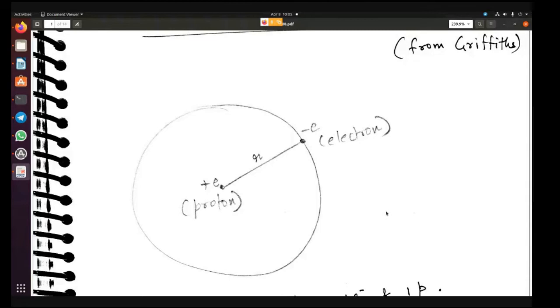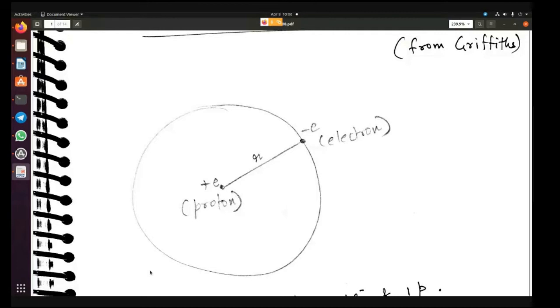So originally it was a two-particle problem. But now, because of all of these limiting cases, because the proton is at the origin, the proton is much heavier, and the distance between proton and electron is some distance r, we can consider that this is a problem more about the electron, or about the reduced mass of these two particles.